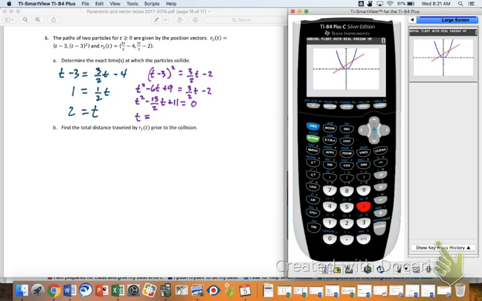Ooh, the factoring. I don't know. It's going to be nice and fractiony. I don't think we can factor it with whole numbers, because that 15/2 is not so good.